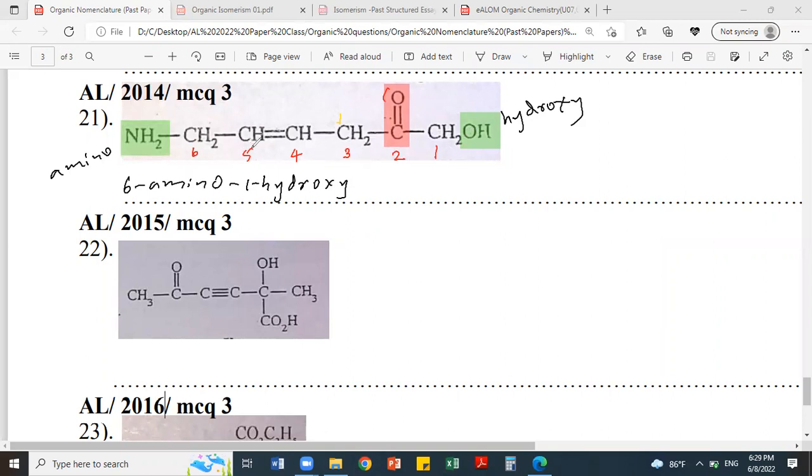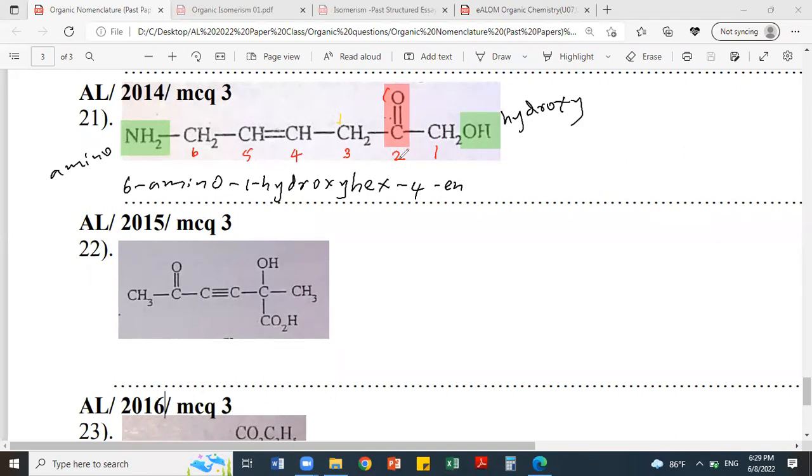the longest chain is 6 carbons, that is hex. Within this 6 carbon chain, at the beginning of the 4th carbon there's an alkene. Therefore we can write hex, with no space between hydroxy and hex. Hex-4-en, because we have to omit the e as we are going to attach one more suffix here.